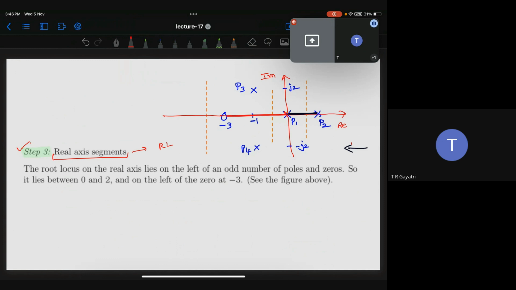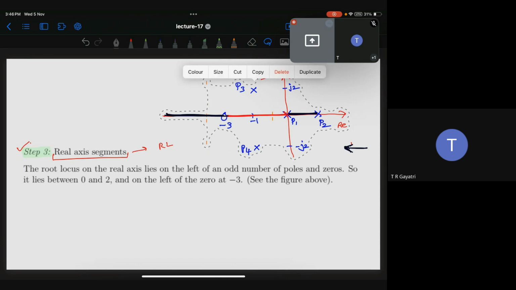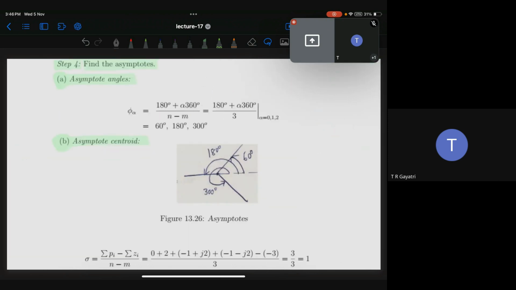So this is part of the root locus. Is this clear? So we come from the right side and check for an odd number of poles and zeros. So I'll remove this. Any doubt? Okay, so that is step 3.